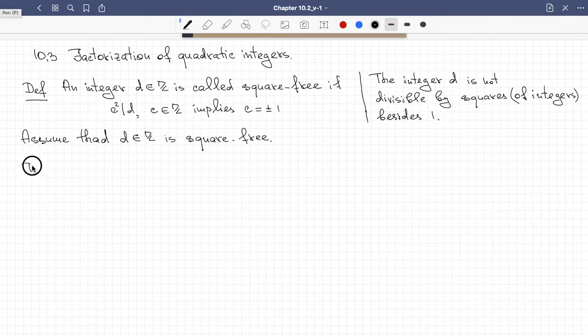Another definition, now not technical, but the definition of our central object of study. We call it Z of root of d to be the set of a plus b root of d, with a and b just integers.